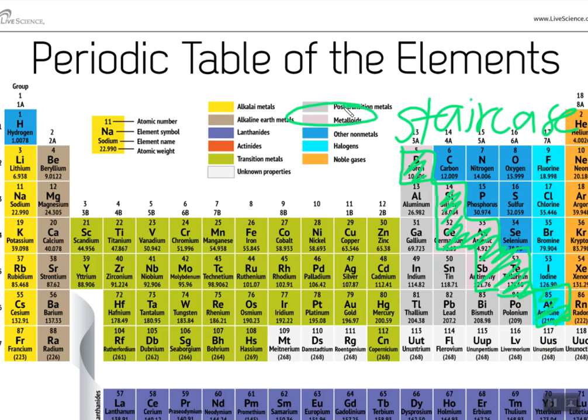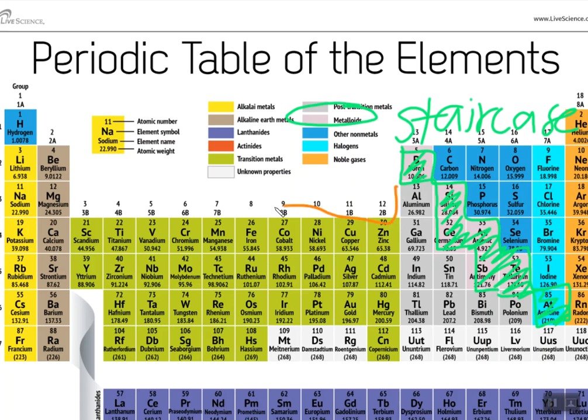There are three terms that you need to know: metalloids, metals, and nonmetals. They are properties that define things on the periodic table. Everything on the staircase, as I just explained, are metalloids. Everything to the left of the staircase is going to be metals.